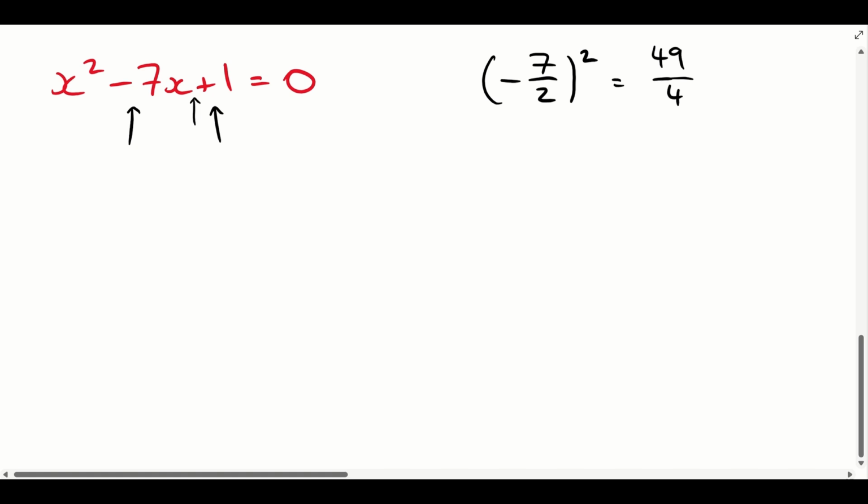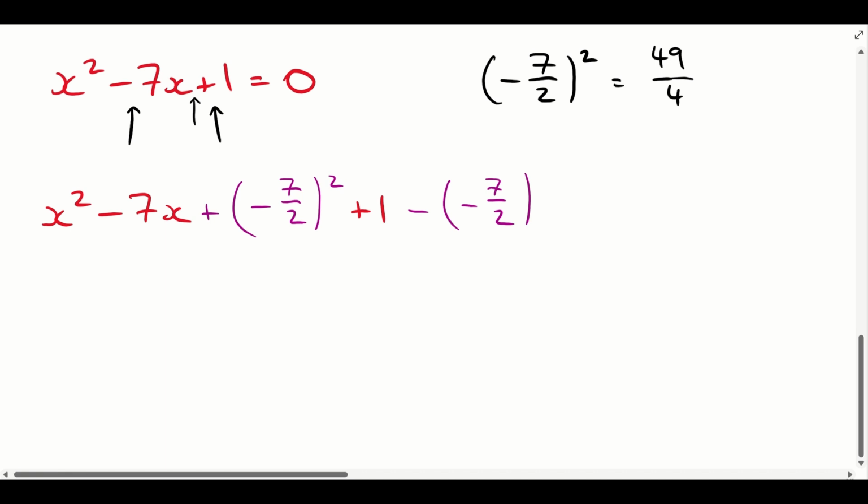So let's rewrite this expression as x squared, take 7x. I'm then going to add on my negative 7 over 2 squared. I've still got my plus 1, but I have to also then get rid of the bit that I added in. I can't just go adding things into my equation as I feel free. And that needs to be equal to 0.